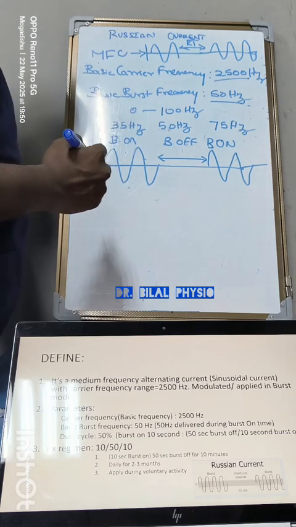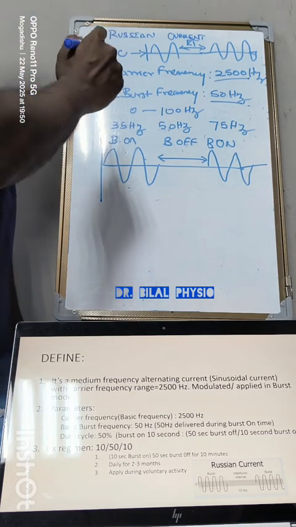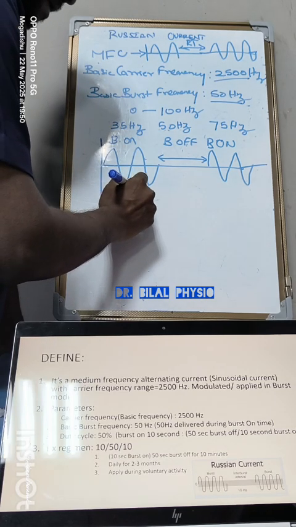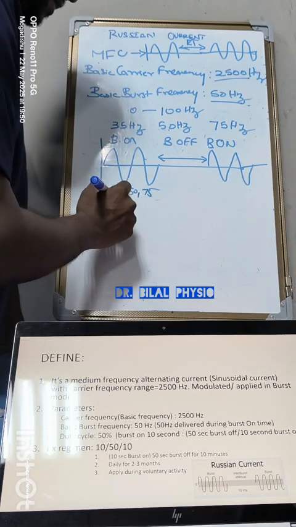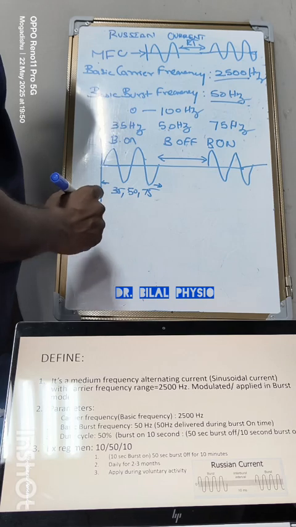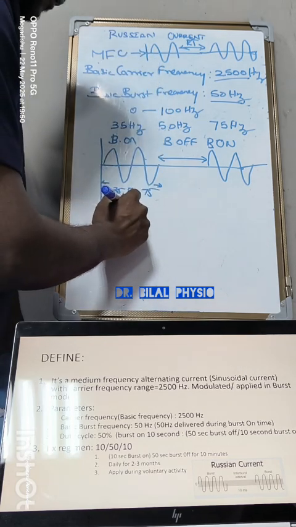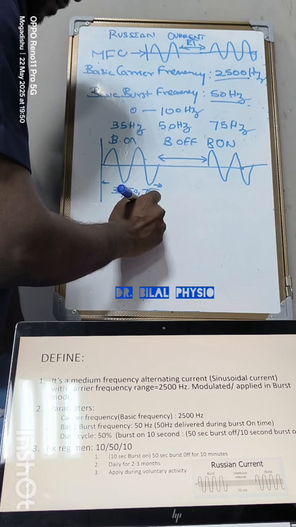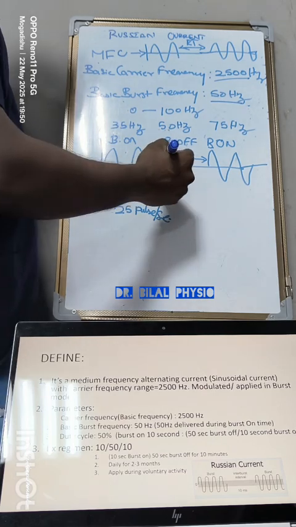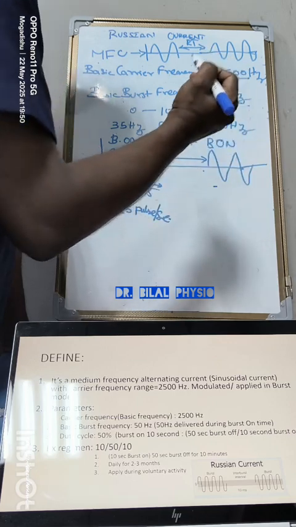The burst frequency, whether we choose 35, 50 or 75, is applied in this time period only, at a pulse rate of 25 pulses per second, followed by a period of rest time, again followed by a period of burst on time.